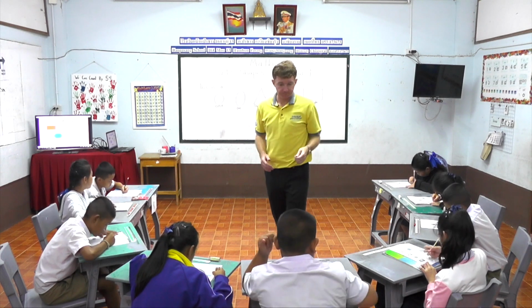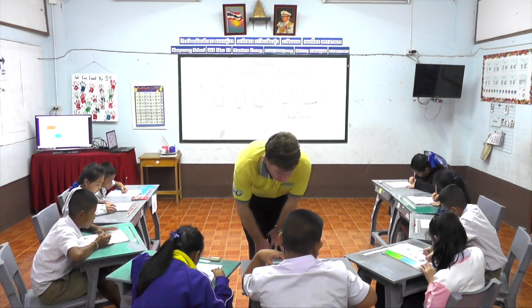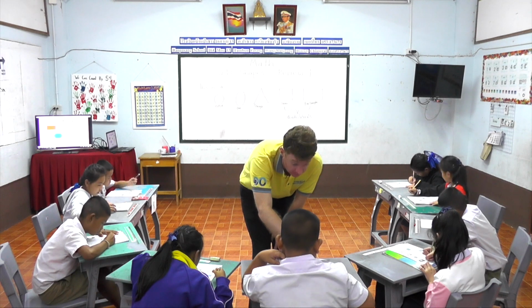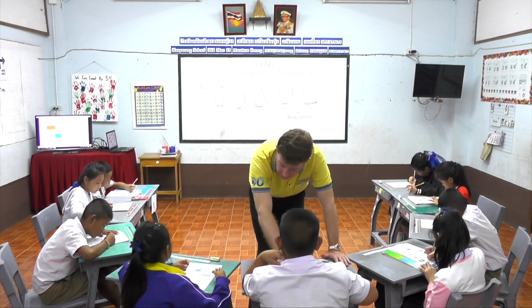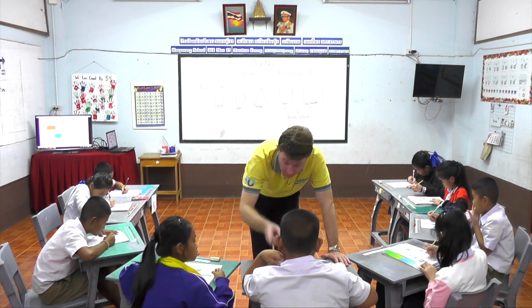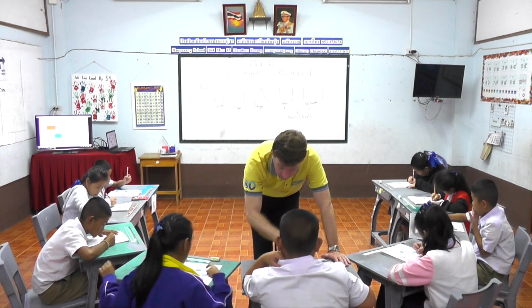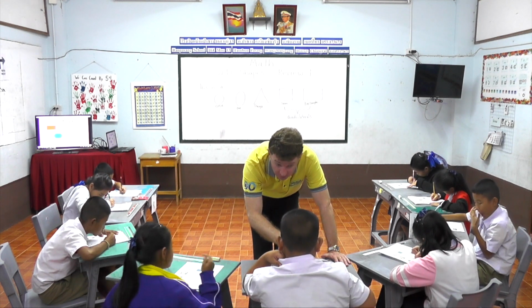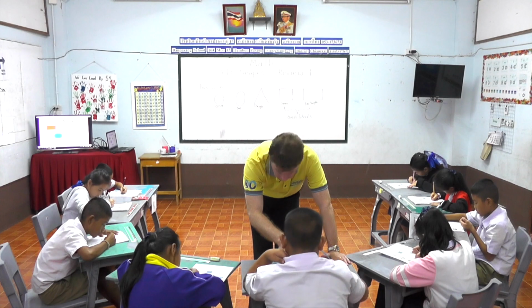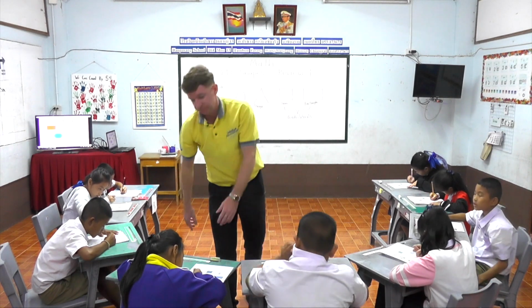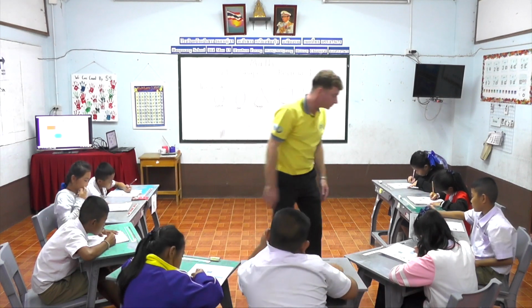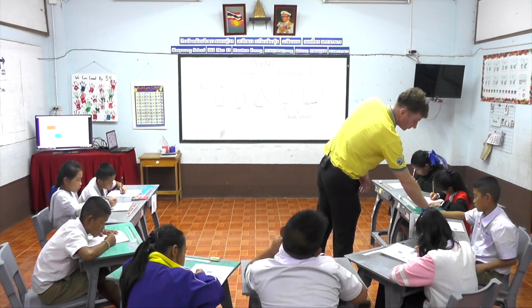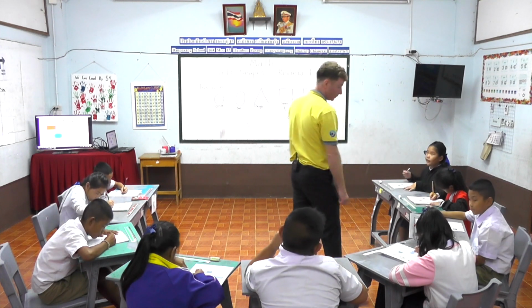Excellent, Ned. Oval. Very well done, that's correct. Egg shape is oval. This one is not quite an oval. This one is perfectly round. So perfectly round. Circle. Circle, yes. Excellent. Oval, yes. Circle, oval. Well done, Bang Pon.